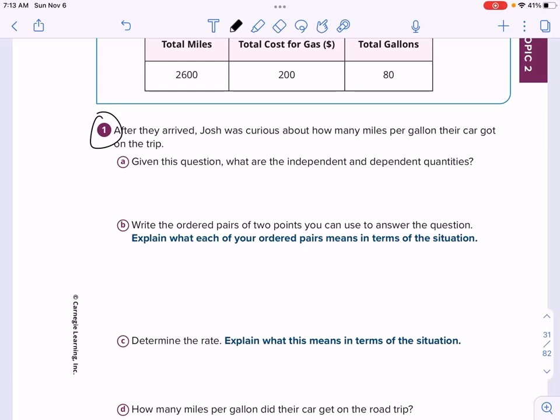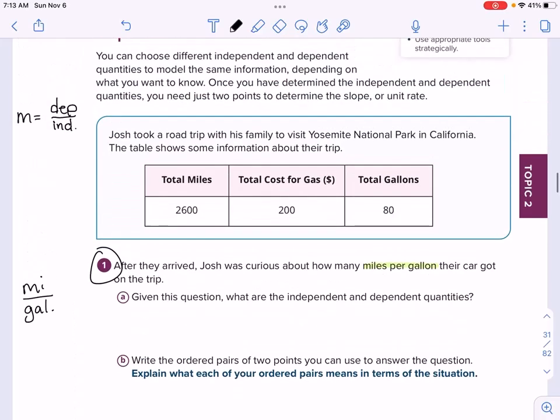So the first one, number one, after they arrived, Josh was curious about how many miles per gallon their car got on the trip. Let's highlight that. So miles per gallon. I'm going to write that off to the side over here. I'll put MI over GAL. So that already kind of tells us which one is dependent over which one is independent.